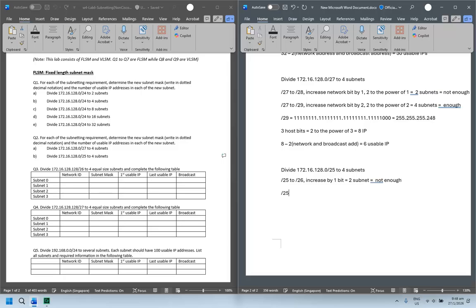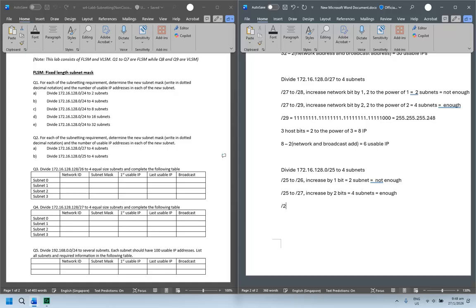So /25, I increase to /27, which is an increase by 2 bits, which equals 4 subnets, because 2 to the power of 2 is 4. Then this will be enough for my new requirement.